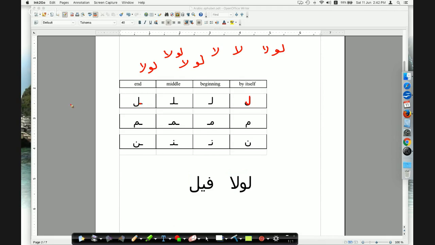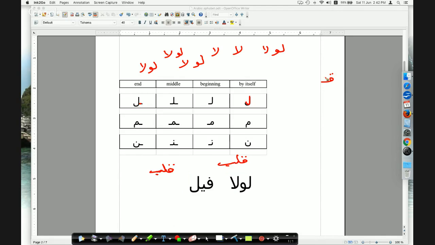Now let us write another word where the letter la is in the middle. Actually we gave one already. We mentioned the word qalb. You remember? Qalb means heart.